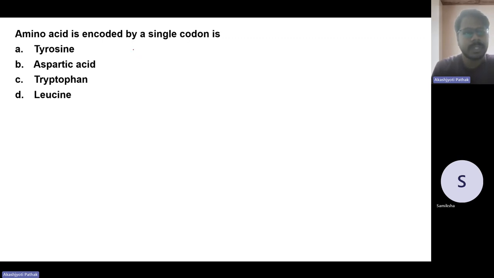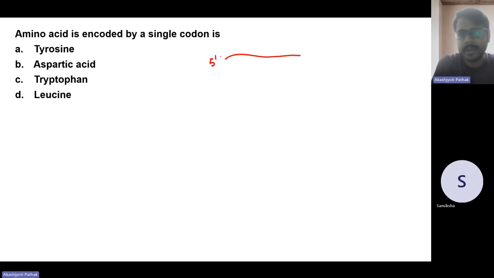The first question is: which amino acid is encoded by a single codon? So you have to name the amino acid which is encoded by a single codon. As you all know, in translation, the mRNA that has been synthesized carries a sequence.